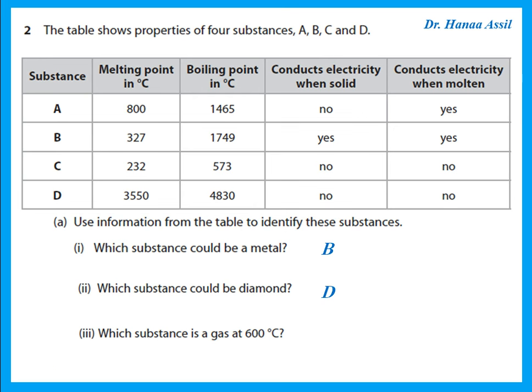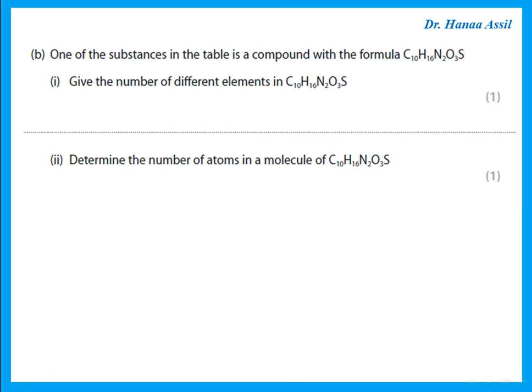Well, to be a gas at 600 degrees Celsius, that means its boiling point is below 600. The boiling point is less than 600. So which one has boiling point less than 600? That's C. And that means by the time it reaches 600, then the boiling point is 573. So it will boil and be a gas at 600 degrees Celsius.